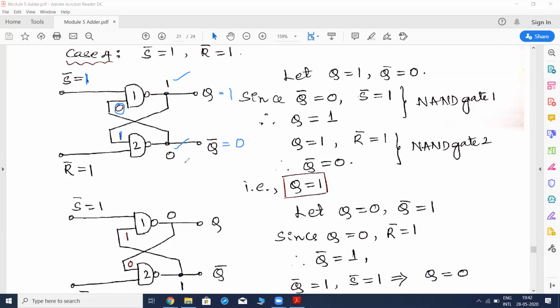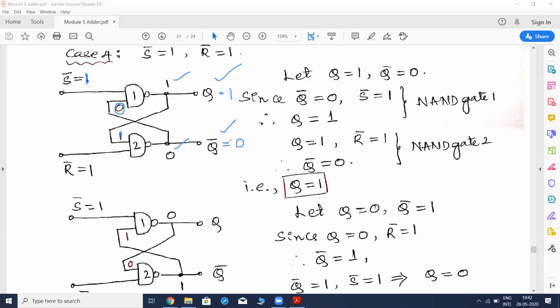So what happened? We assumed the state as Q equal to 1 and Q bar equal to 0, and after giving S bar equal to 1 and R bar equal to 1, it is not changing the state, because after the analysis we get Q equal to 1 and Q bar as 0 itself. That means it retains its state.